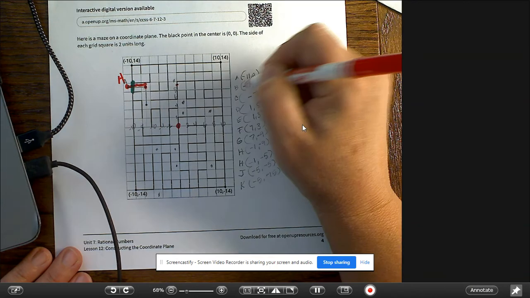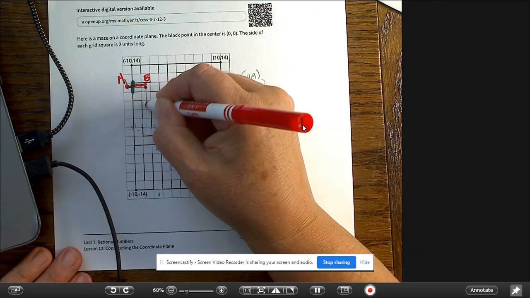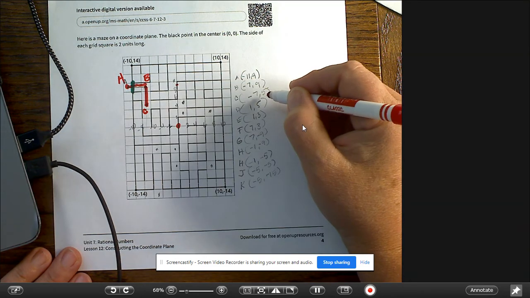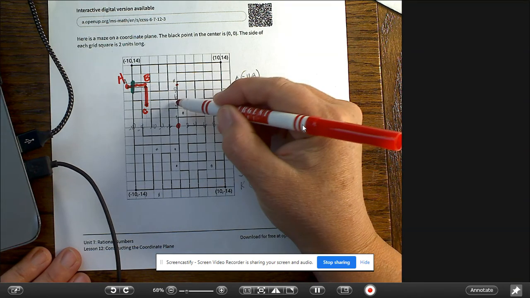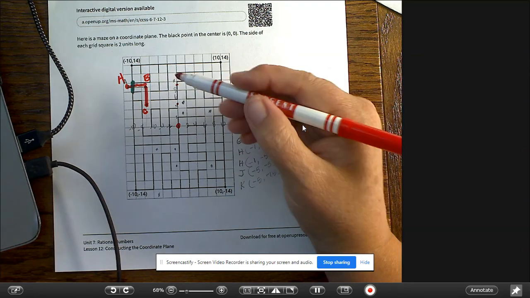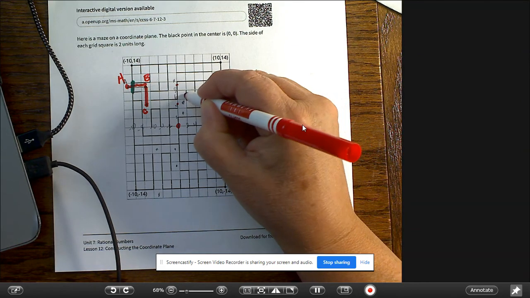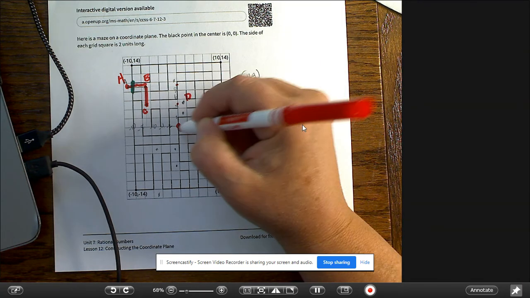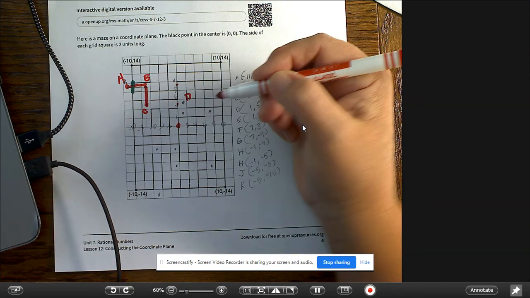So that would be B. And then I'm going to here, which is C. And C is negative 7, negative 5. I go up to here, in between the 4 and the 6. And then D is over here. That's a positive 1 and a positive 5.